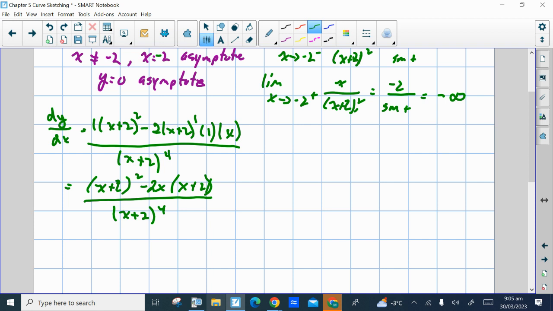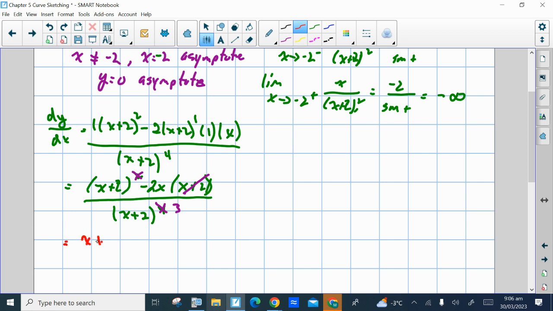And before we multiply everything out here, there is one factor of x plus 2 in all three terms. So we can divide all three terms by a factor of x plus 2. That'll get rid of the squared on that first term on top. It'll eliminate the x plus 2 in the second term, and on the bottom, the power 4 will become power 3. So this just allows us to simplify this expression.